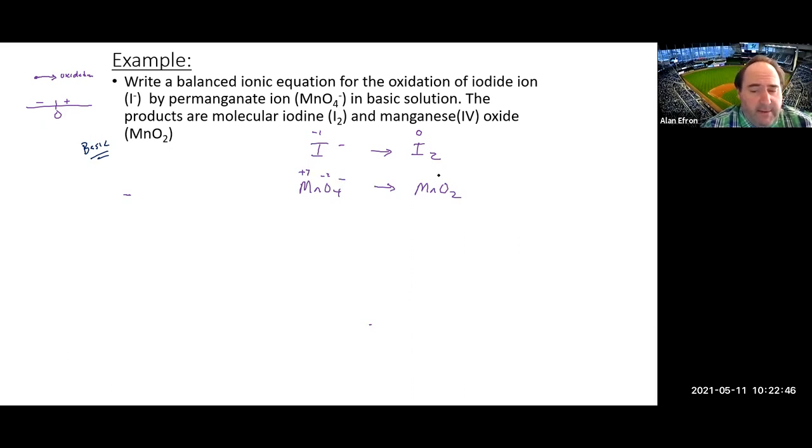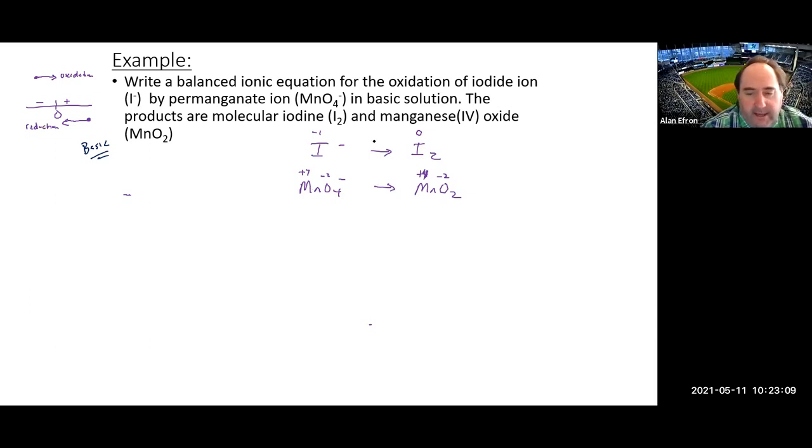Looking at the other Mn on the other side, -2 gives us a -4, and +4 balances out the -4, gives us 0. In terms of the Mn, starting at +7, ending at +4, which is heading in this direction, which is reduction.